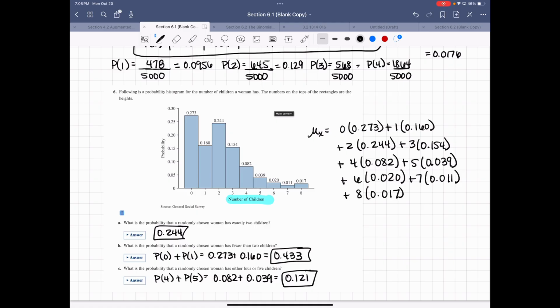Okay, and that is using that formula, the summation of x times p of x.